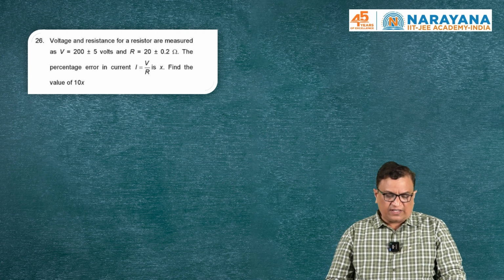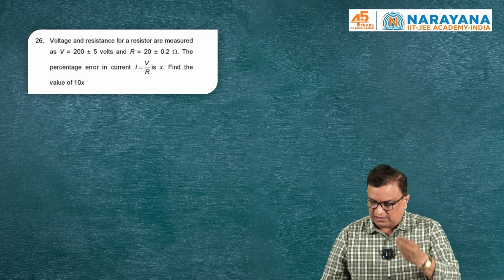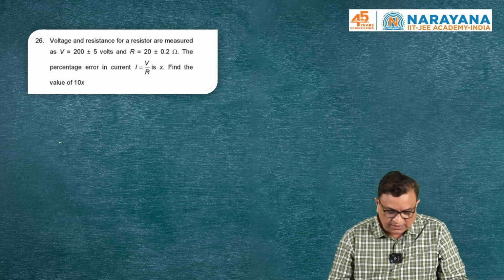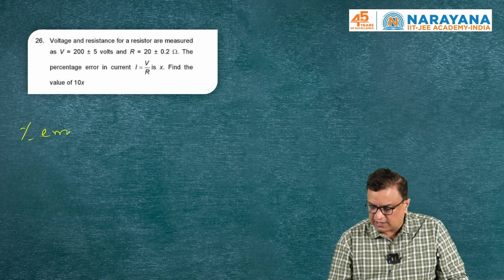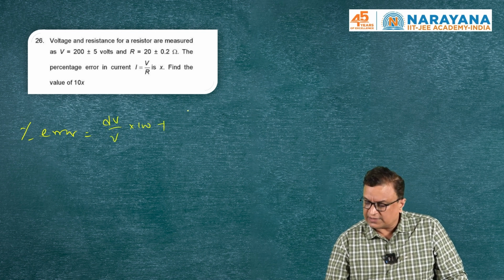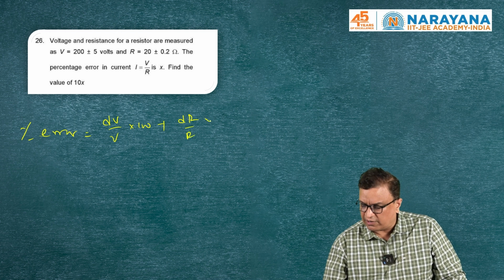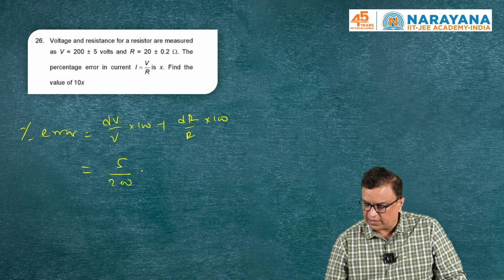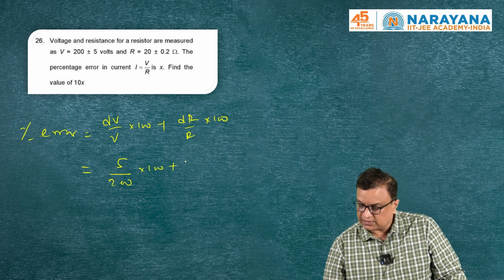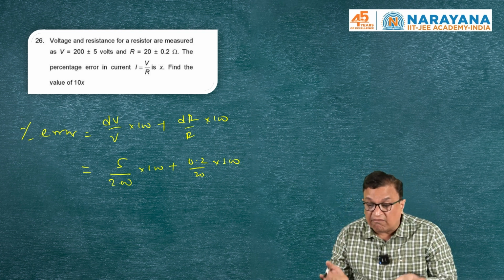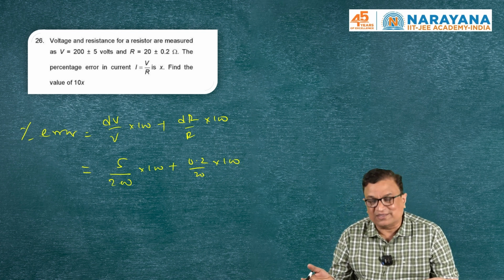Voltage and resistance of a resistor are measured. Voltage is 200 plus or minus 5, resistance is 20 plus or minus 0.2. The percentage error in the current is? So percentage error is dV by V into 100 plus dR by R into 100. That works out to 5 by 200 into 100 plus 0.2 by 20 into 100, substituting whatever data is given in the question.